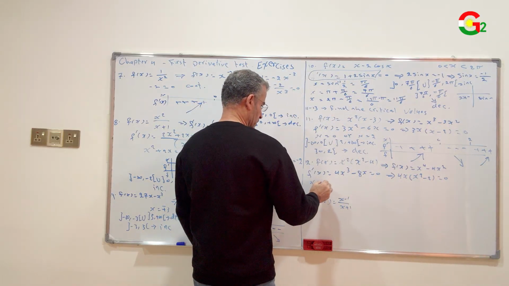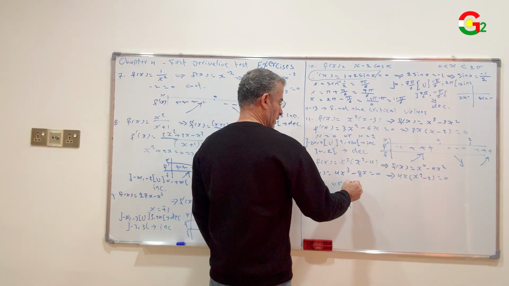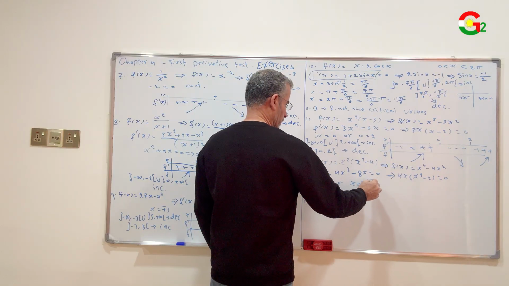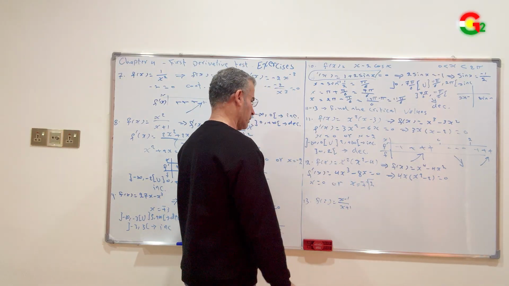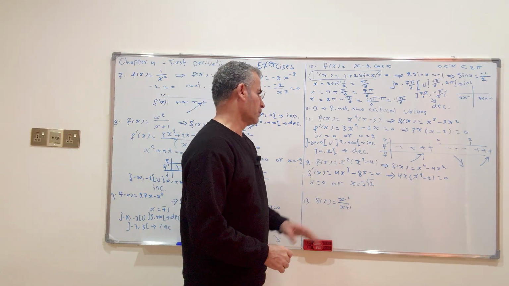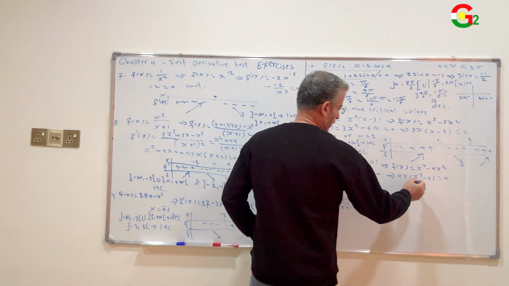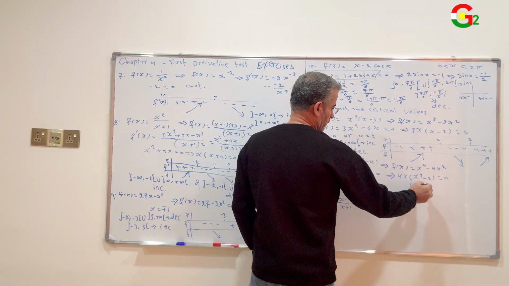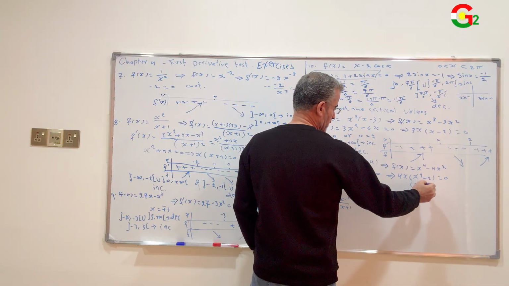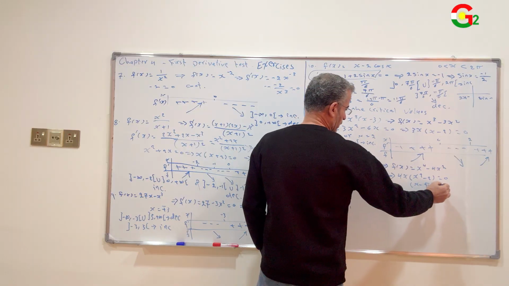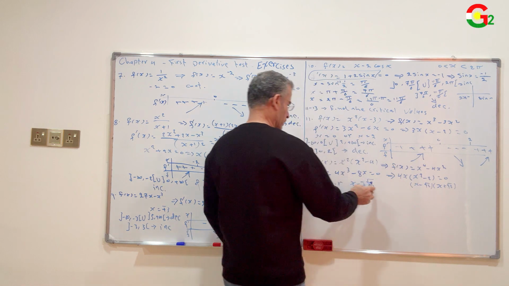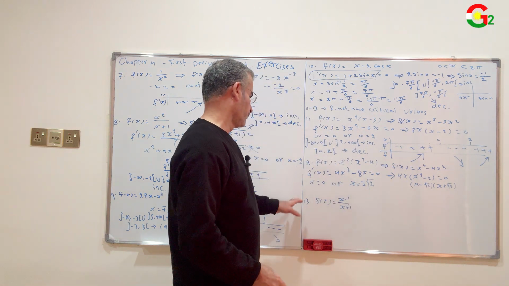Either x equals 0 or x equals plus or minus square root 2. These are the critical points of this function. You can open this bracket, difference of two squares, x minus square root 2 times x plus square root 2, then x equals plus or minus square root 2.